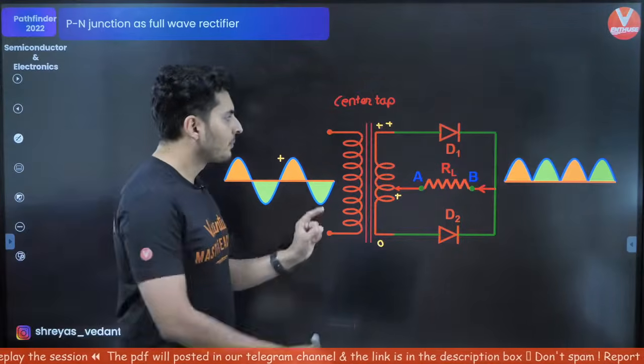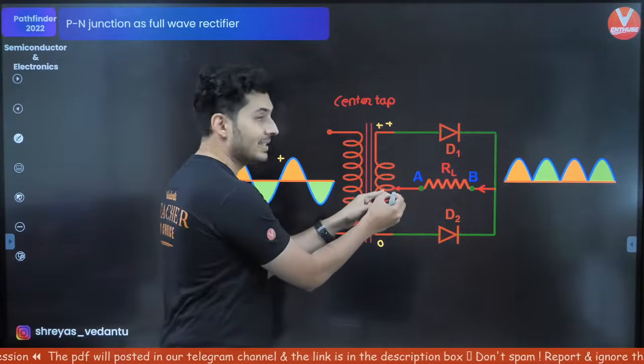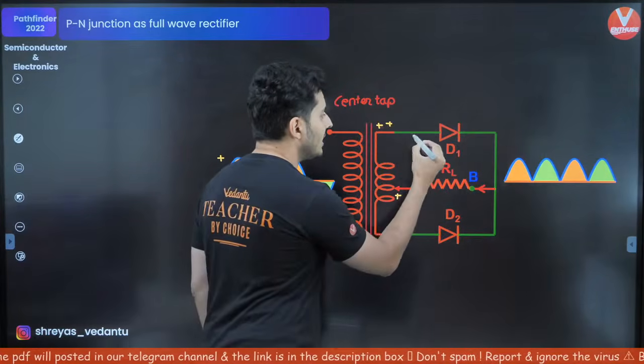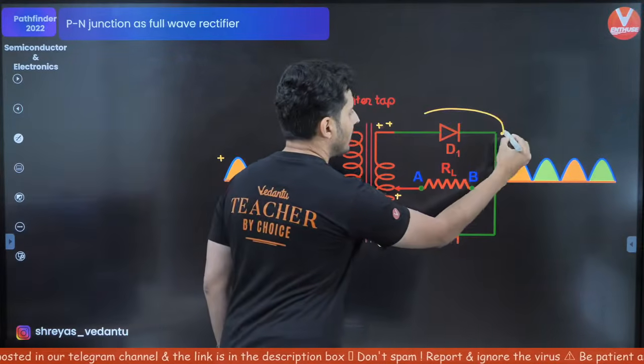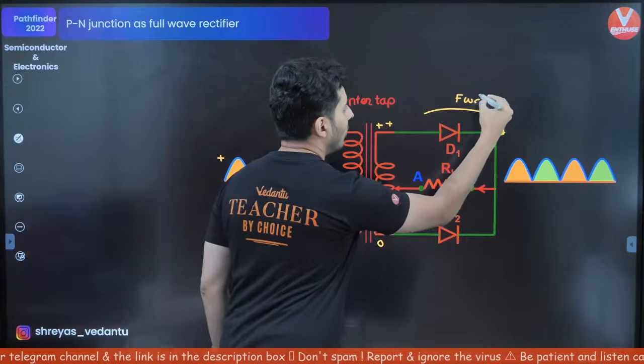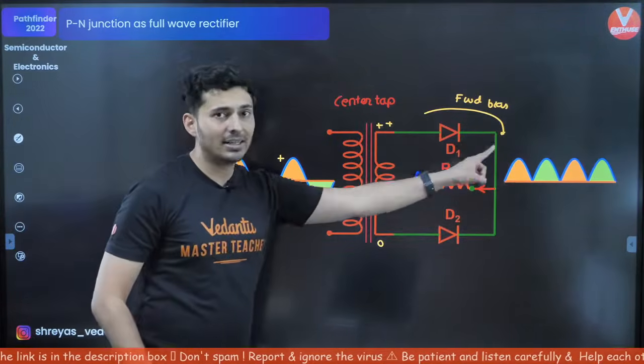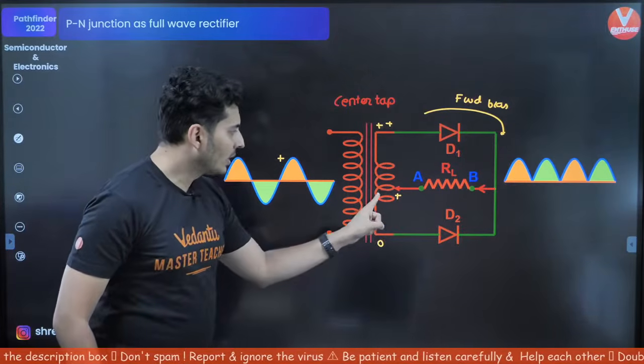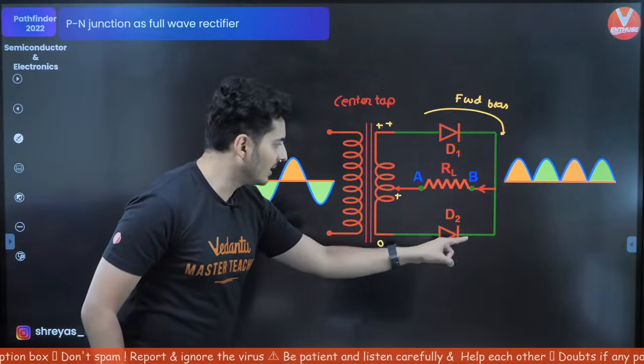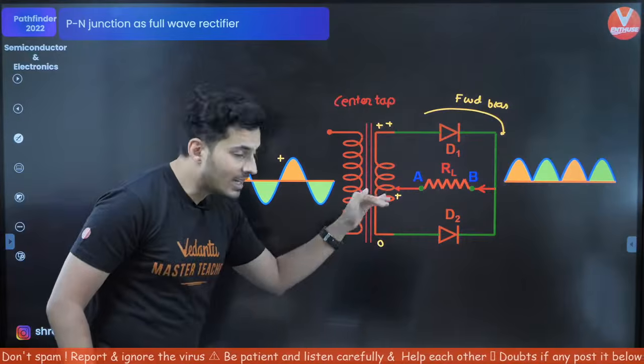Okay, cool. Now, if this is more positive and this is less positive, don't you see that this one over here will be forward bias? This one over here will be forward bias. Can you see that? This diode and this diode, look at this. This is positive. This is relatively less positive.